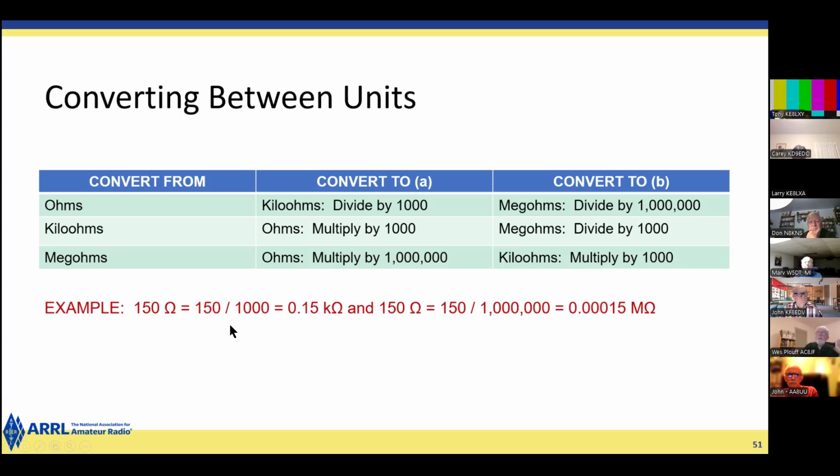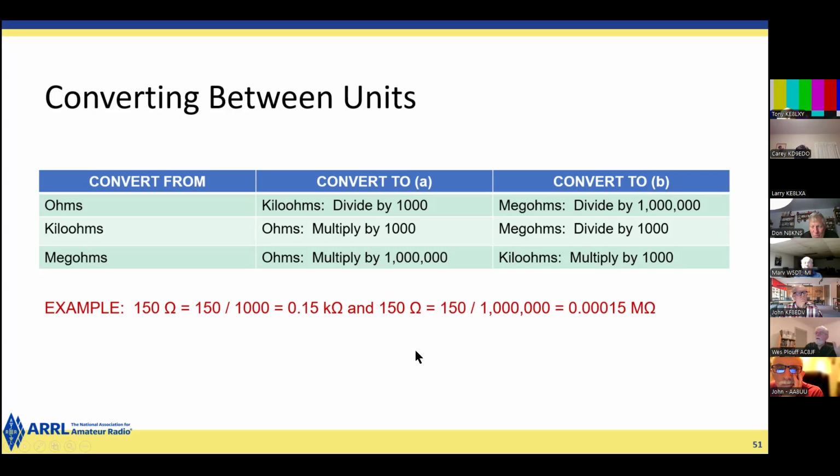So the example here is 150 ohms is 0.15 kiloohms, or 0.00015 megohms. On the other hand, 150 kiloohms is 0.15 megohms, and 150 kiloohms is 150,000 ohms.